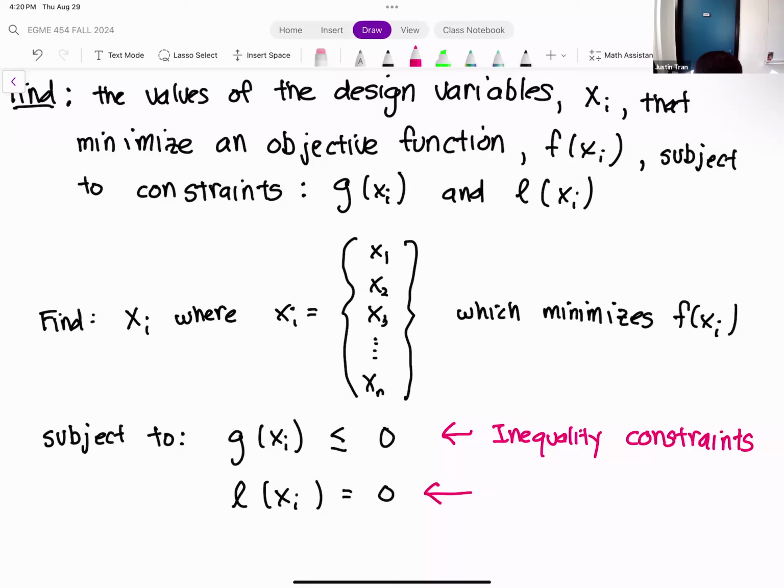And function L here, we call this the equality constraints. I haven't defined it yet, but this f is an important part. This f is often called our objective function.